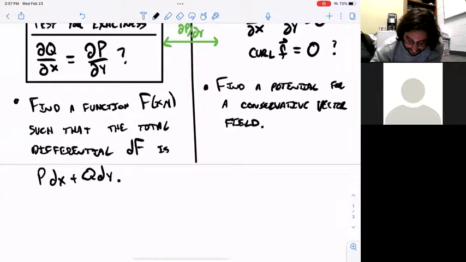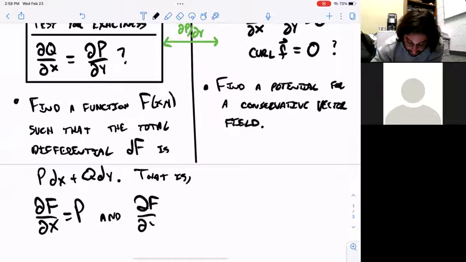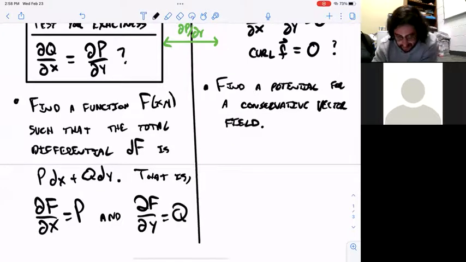Another way to say that is we want partial f with respect to x to equal P, and partial f with respect to y to equal Q. This is the main thing that you have to do to solve a differential equation by exactness.